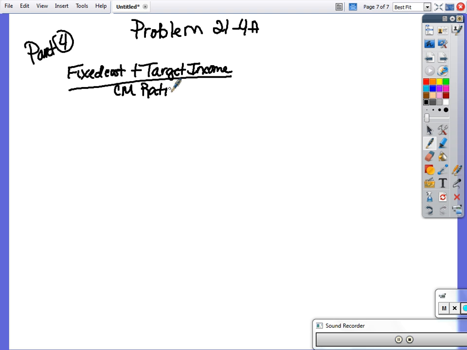All right. These are just using numbers we already have, correct? Yeah. What's the amounts here? So we just plug in. What were the fixed costs? 450,000.